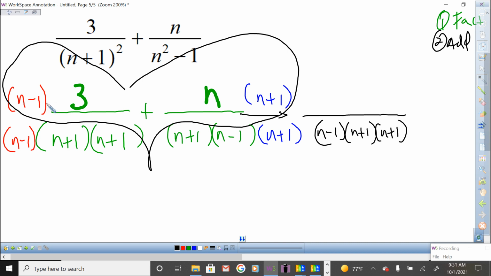So what do we do here? Distribute, that leaves us with 3n minus 3, yes. How about over here? Distribute, that's n squared plus n, yes.